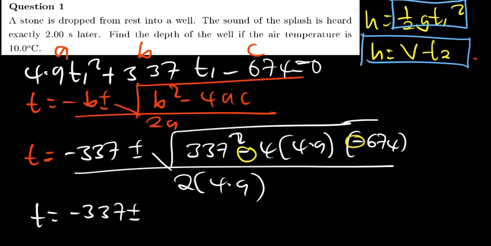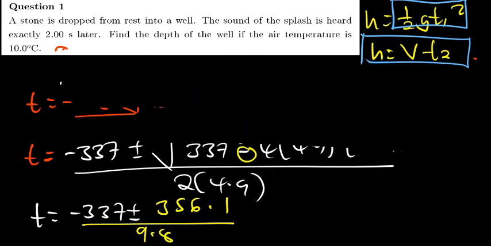So I'm getting 126,774.4. So now I get the square root of this. I'm getting 356.06, which is the same as just 356.1. Then I divide this by 2 times 4.9 is 9.8.